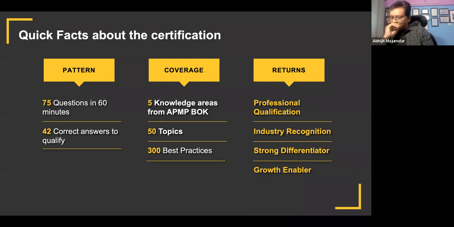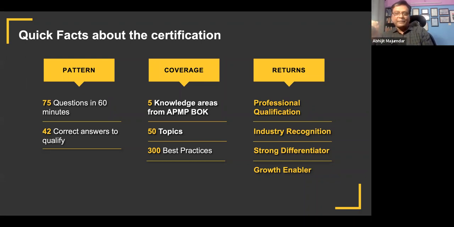And finally, it's a growth enabler. Growth enabler in the sense, if you ask me, in my last 2 years, people may say that the last 2 years has been bad or something like that. But trust me, in the last 2 years, I have trained over 700 professionals, and everyone who has qualified the APMP certification exam has definitely seen a positive growth.